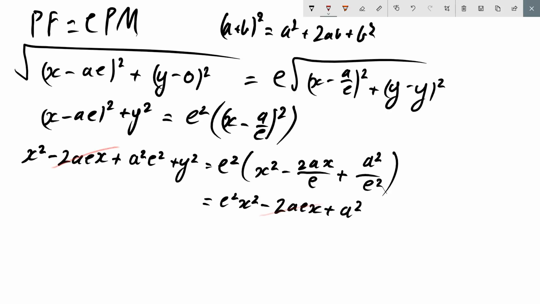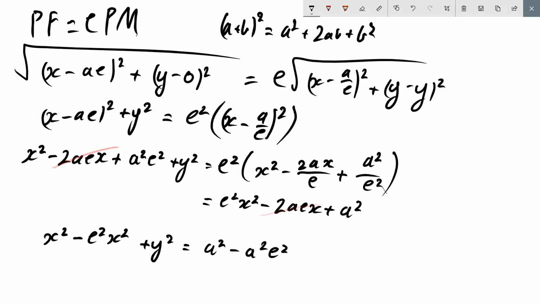I'm now going to shift everything with an x onto this side and everything with an a onto this side. So I will get x squared minus e squared x squared plus y squared. It's going to equal a squared minus a squared e squared.